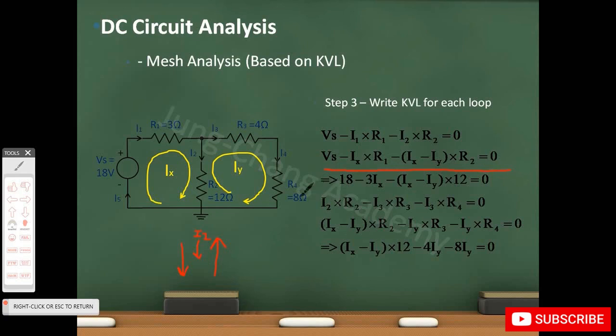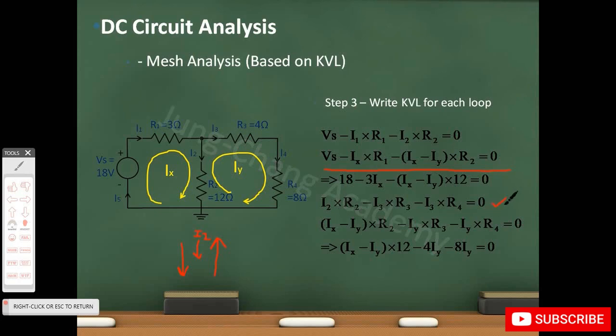Similarly, when we go around the other loop, we have plus, because we go from a negative to a positive, so we have plus I2 times R2 minus I3 times R3 minus I4 times R4 equals 0.